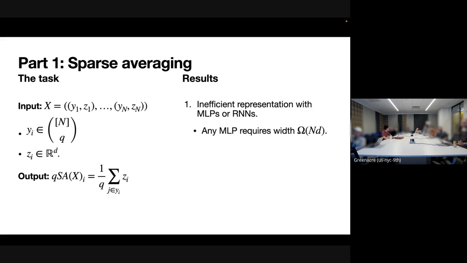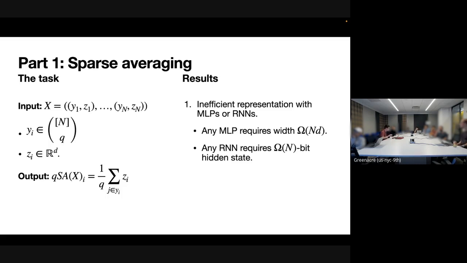By that we mean there's going to be a polynomial dependence on the sequence length n, which we're trying to avoid, since ideally we want something that doesn't need to scale dramatically with the sequence length. For MLPs, you'd need a width growing with n times d, and with an RNN, you'd need at least an n-bit hidden state passed between recurrent units. Both of these are relatively basic, so I'm not going to talk about them much in the talk.